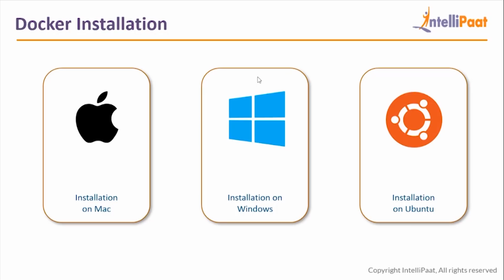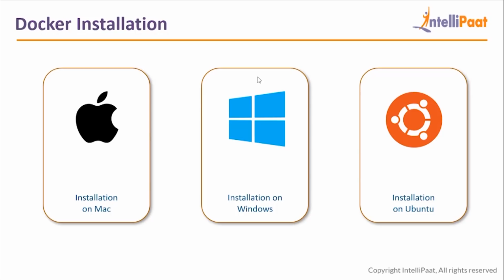You could have an Apple or Mac system, a Windows system, or a Linux distribution. So let me walk you through all three, so that we are on the same page once we come out of installations and are doing hands-on. I hope you all will be able to go along with the video as we perform the hands-on.